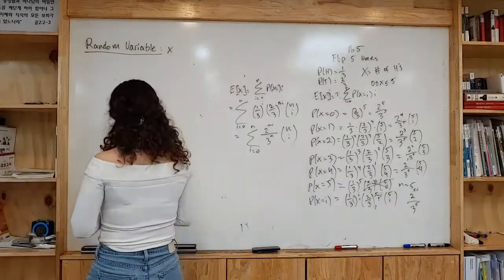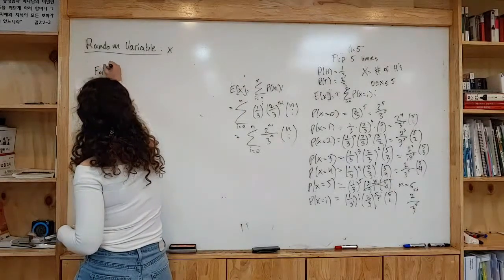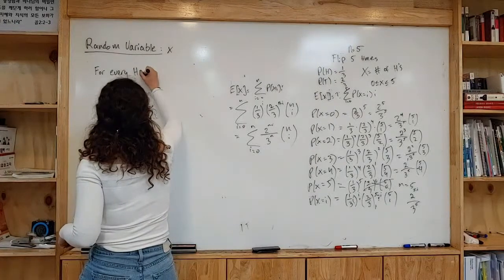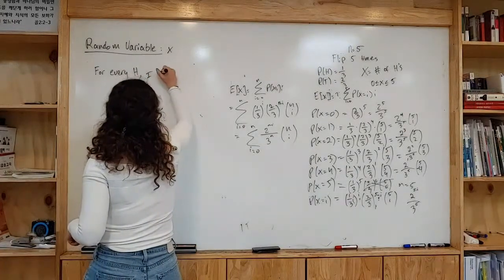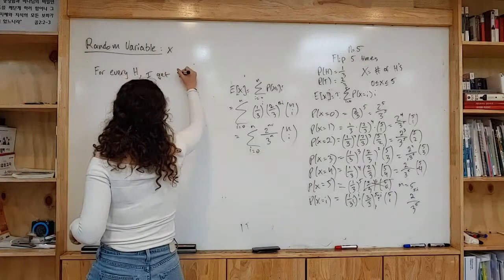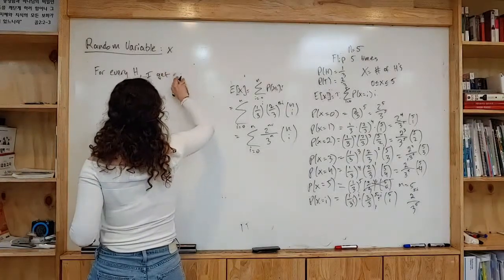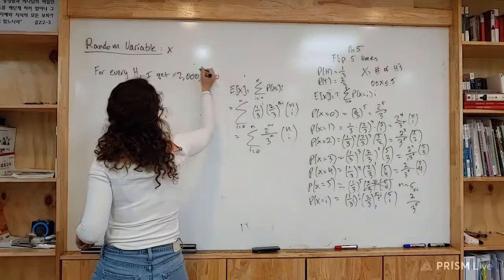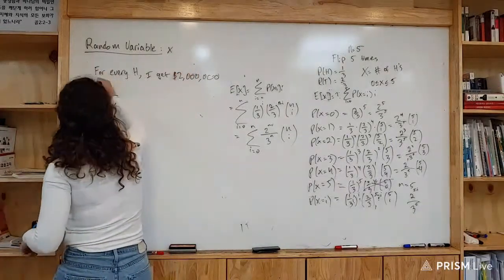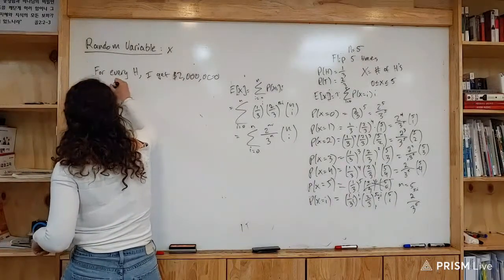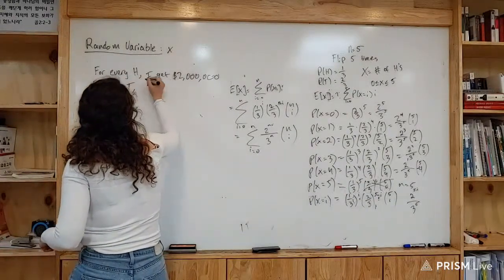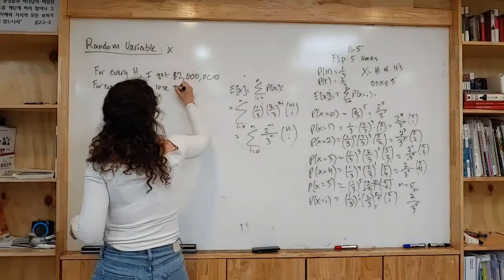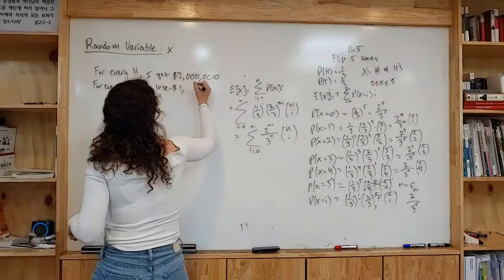Let's say that for every H, I get $2. No, let's make it high stakes. $2 million. And for every tails, I lose minus 1 million.